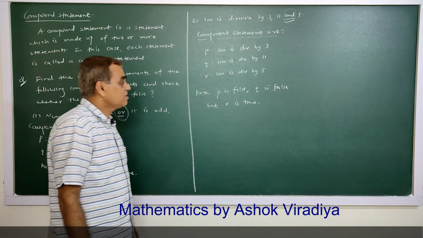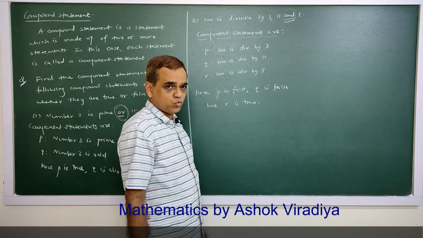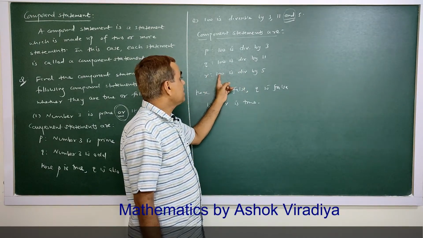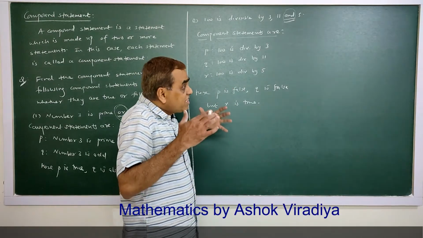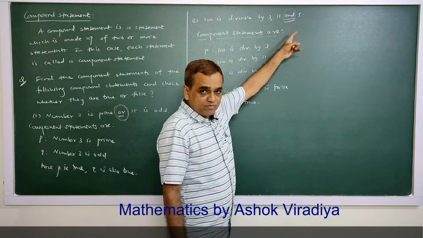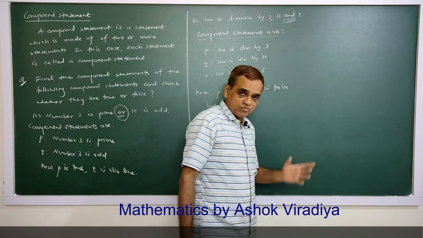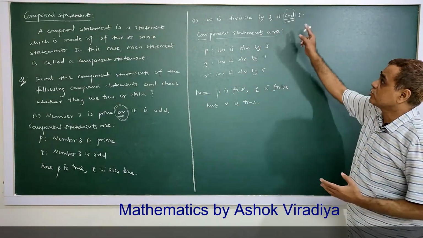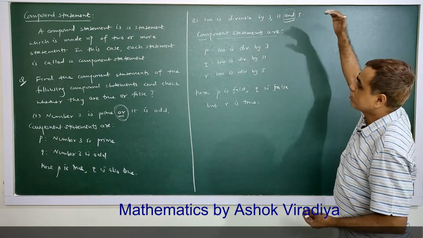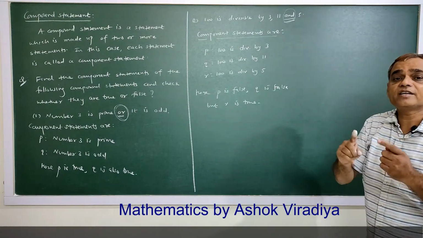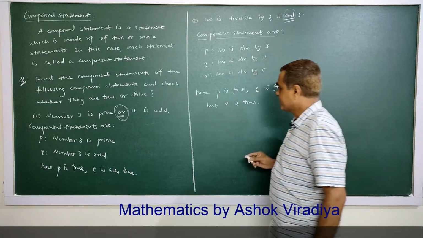So if you check the truthness, this is false, this is false, this is true. Any one component statement is true. So what is the truthness of this compound statement, 100 is divisible by 3, 11 and 5? The given compound statement is false.